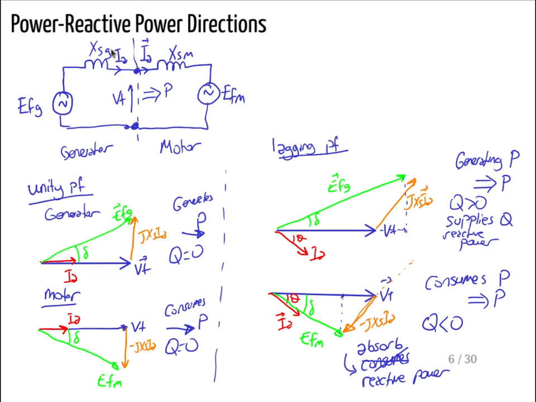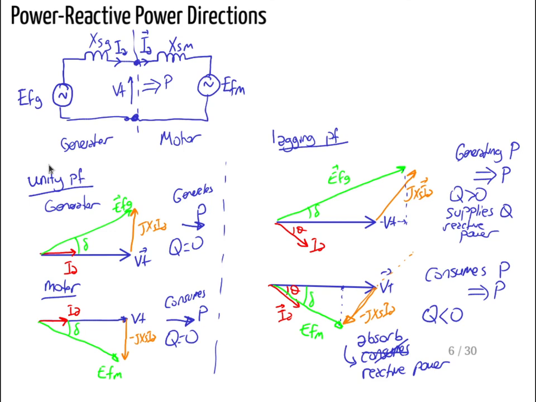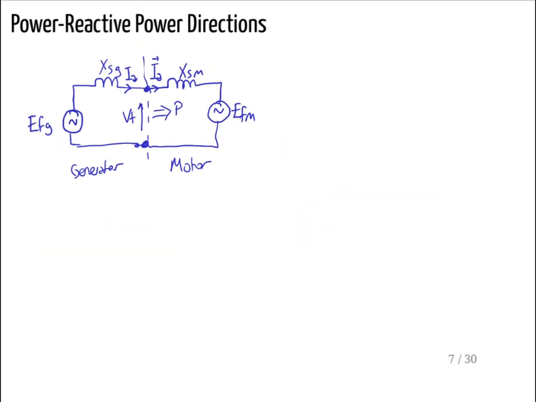So for the sake of completeness, let's do the leading power factor. I copied the same graphics here. Let's do the same thing for leading power factor. So for the generator, let me try to plot it here.